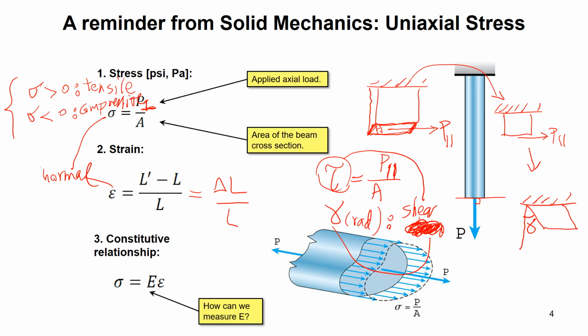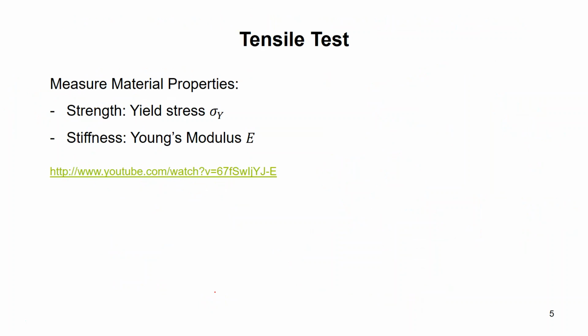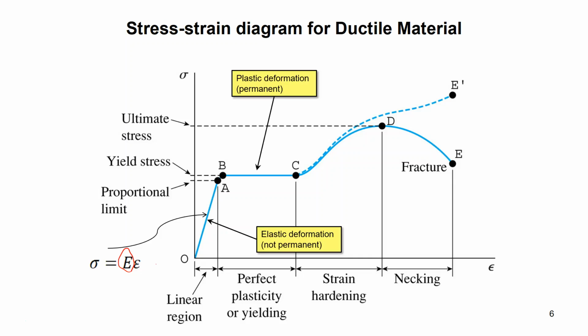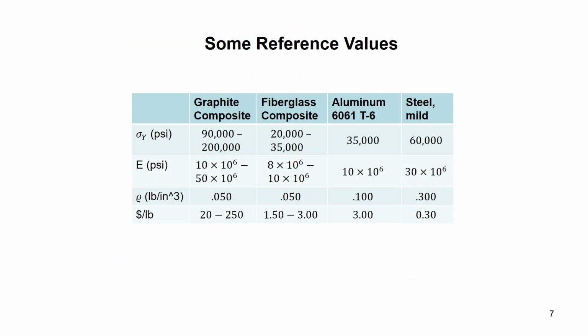And that's what you see here. This Young modulus has units of stress, so it is also in Pascal or PSI, and each material has its own numbers. So for example, if you look at steel, the E, the slope for steel, is 30 million psi, while for aluminum it is 10 million psi.